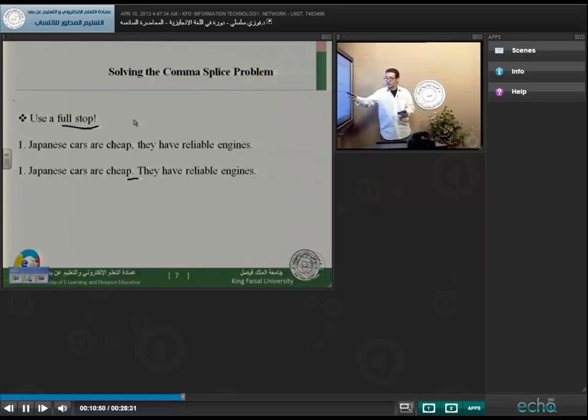Japanese cars are cheap, period. They have reliable engines, period. Two separate sentences. Each one is a complete sentence. Each one is correct. Each one makes full sense. They do not need to be joined together. The comma here is a comma splice. It's an error. It's a mistake.